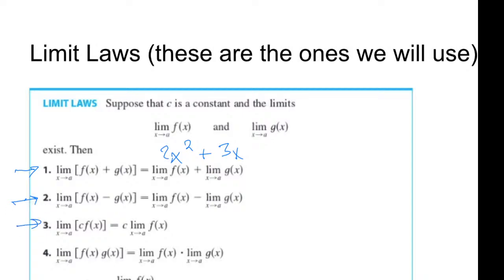Number 3, if we have a function and multiply by a constant, then the limit is just going to be, again, the y value, whatever the limit would be for just the function, multiplied by that constant. Because isn't that what would happen inside the limit? We're first really finding a y value, and then we're multiplying it by a constant.